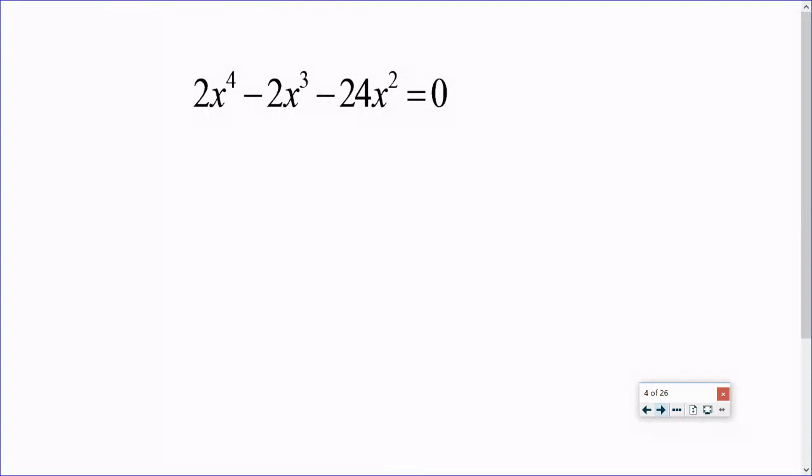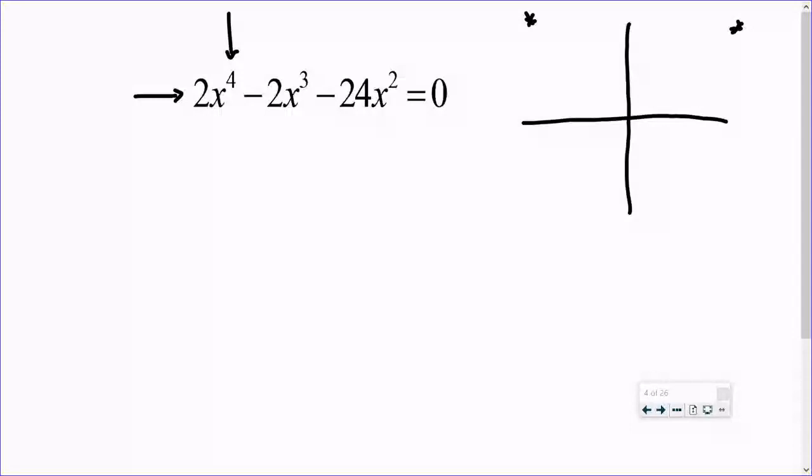Let's keep going, see if we can make this a little bit more challenging. Okay, so here's this. By the way, I think this is challenging enough. Here's my degree. Here's my leading coefficient. Even positive. Starts up here, ends up here. Looking at these numbers, what can I factor out? Well, all of them can be divided by 2. So I'm going to divide each one of these by 2.